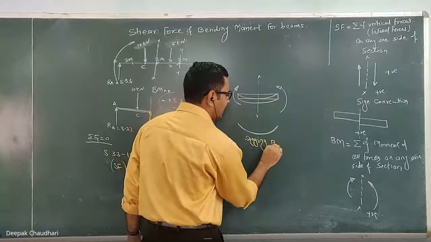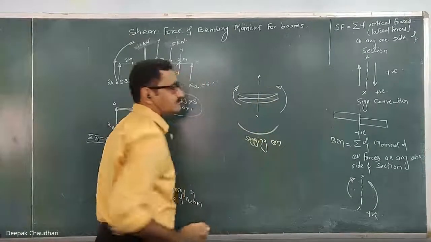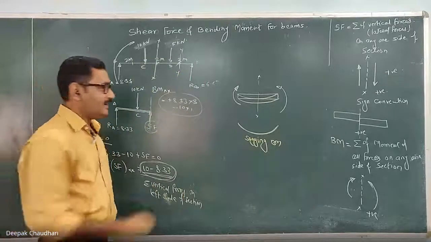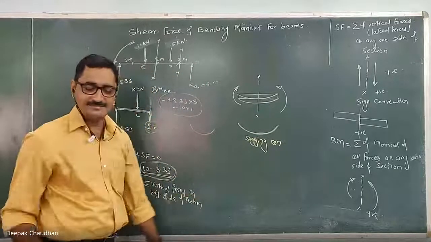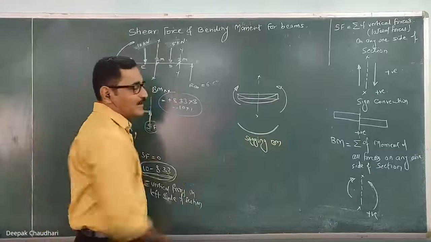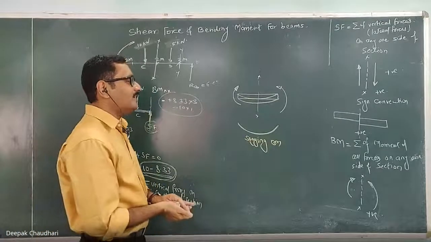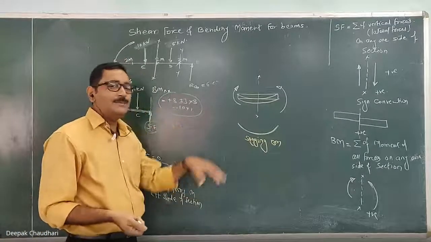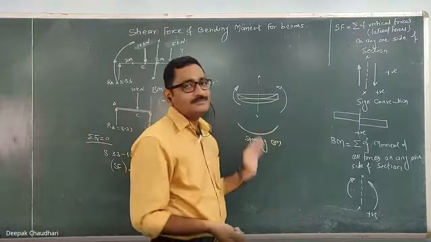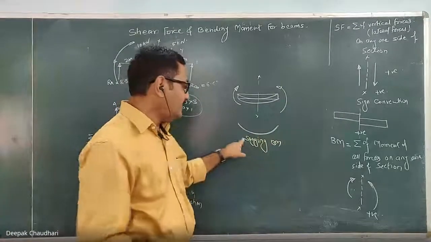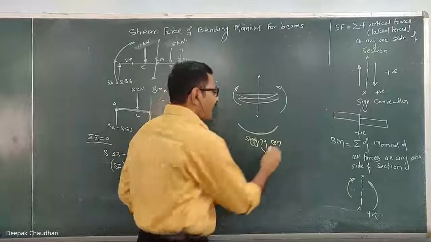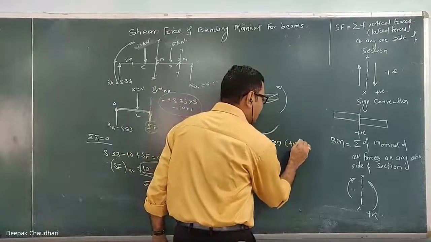Sagging bending moment. ये इसका ही इफेक्ट है. Clear? ऐसे स्माइली जैसा. So when the tendency of the bending moment is to bend the beam concave upward, then it is known as the sagging bending moment, and the sagging bending moment is considered as positive.